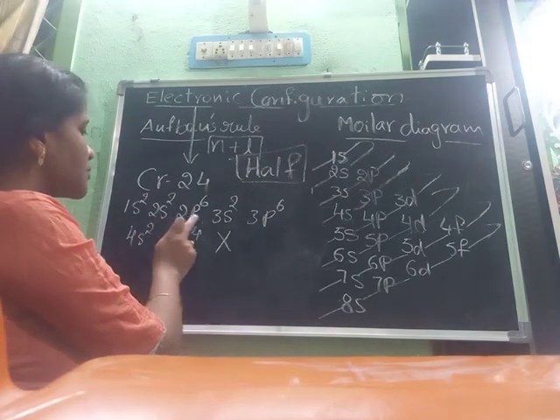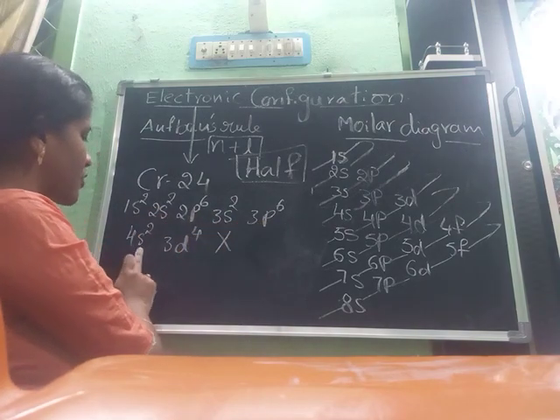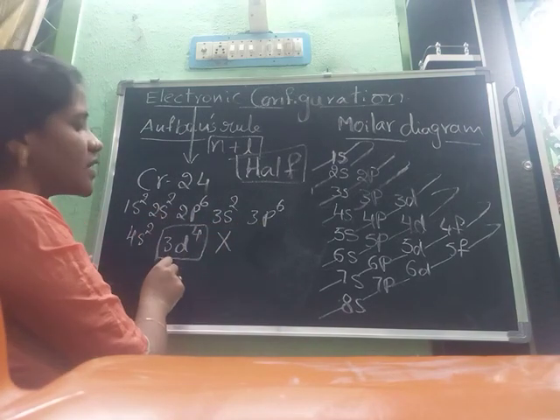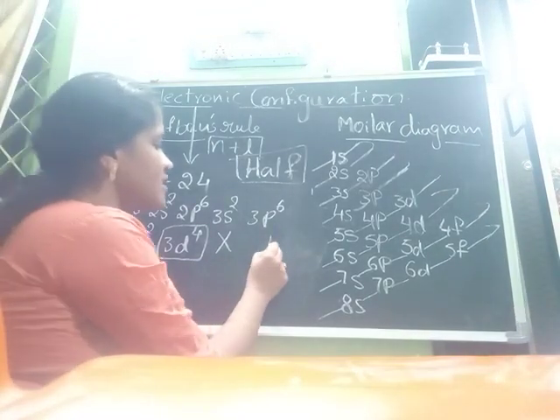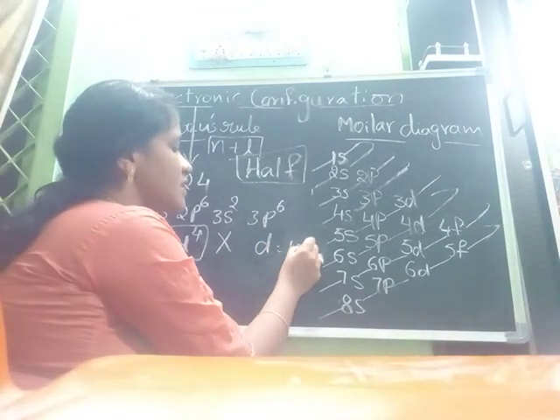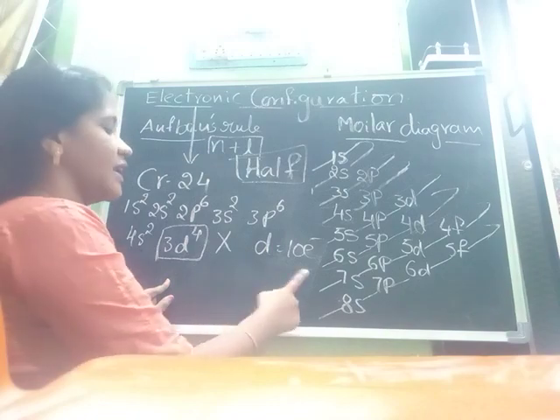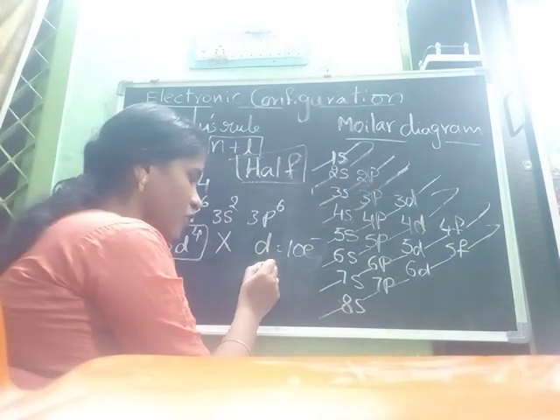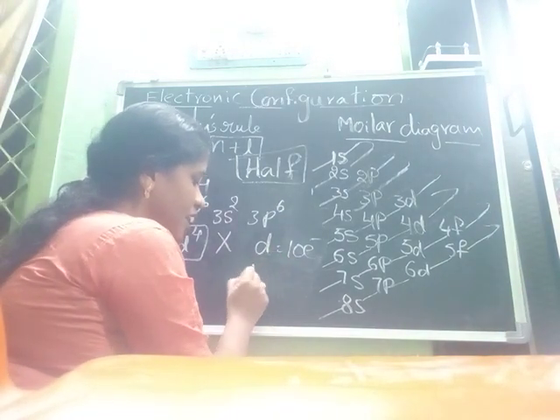See, this is 1s2, 2s2, 2p6, 3s2, 3p6, 4s2, 3d4 is there. D maximum how many? 10 electrons, I said. Exactly half of 10 is 5 electrons for the d orbital.